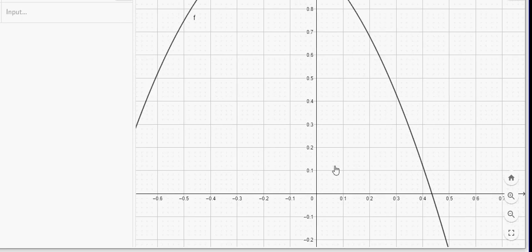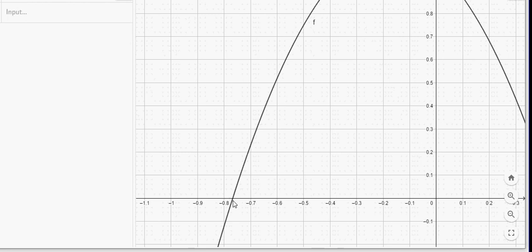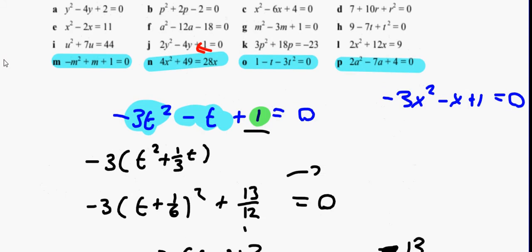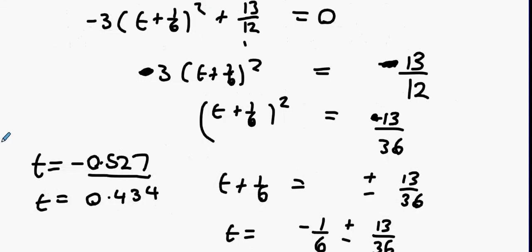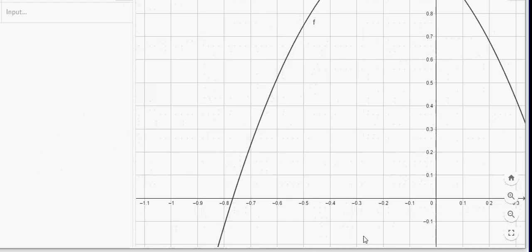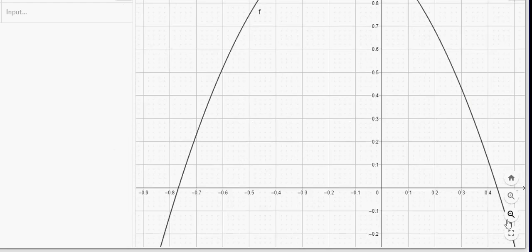And the other answer was? That's not it. Is that minus 5.527 correct? No, it's minus 7.6. Thank you. See those two numbers? That's where my graph crossed the axis, here and here. Okay?